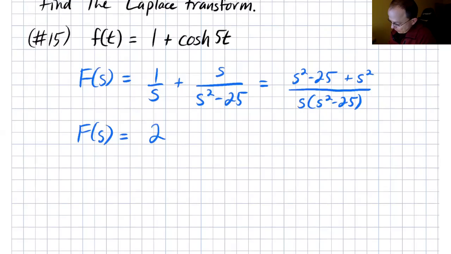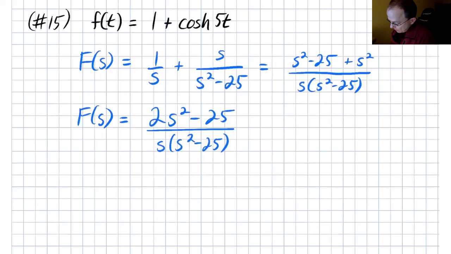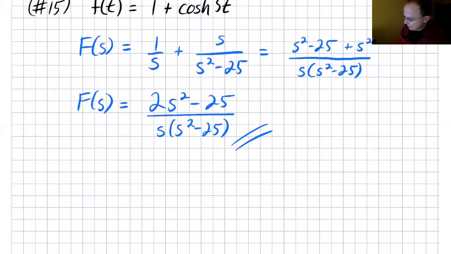So we get 2s squared minus 25 over s times s squared minus 25. If you want to factor it out, I guess you could, but let's just keep it factored. So it's a lot easier to use the table to do this. That would have been quite tedious to do with the definition.